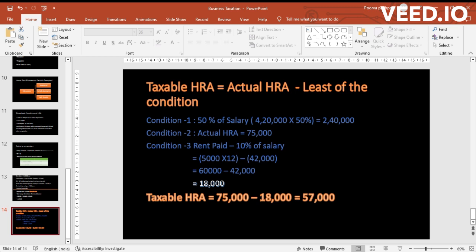So I subtract this 18,000, and taxable HRA is 57,000 only. Like this, we are going to calculate HRA in every numerical in income from salary.